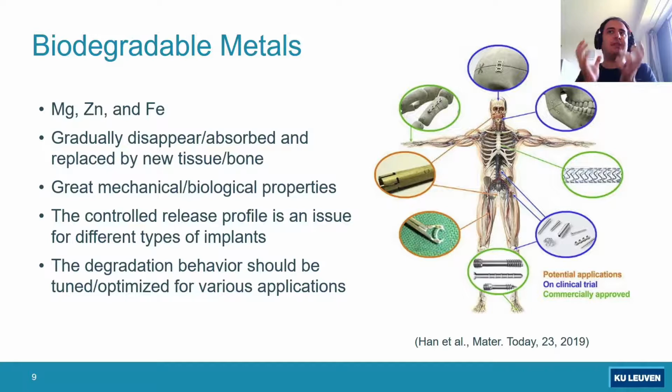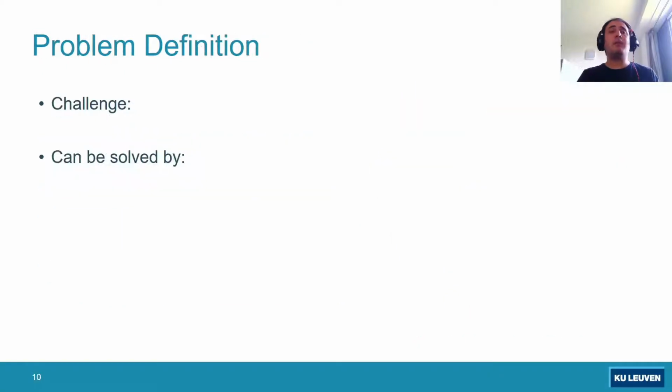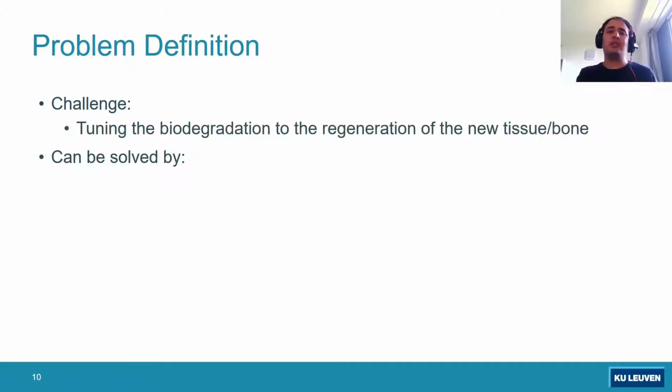As you can see, they have different applications in various fields, for orthopedics, for dental applications, for cardiovascular applications, but the profile should be optimized. So the challenge that the research is trying to address is tuning the biodegradation rate to the generation of the new tissue.